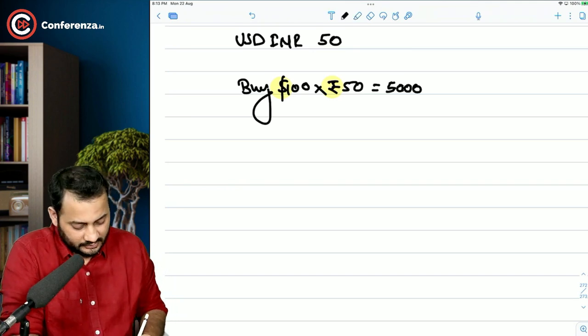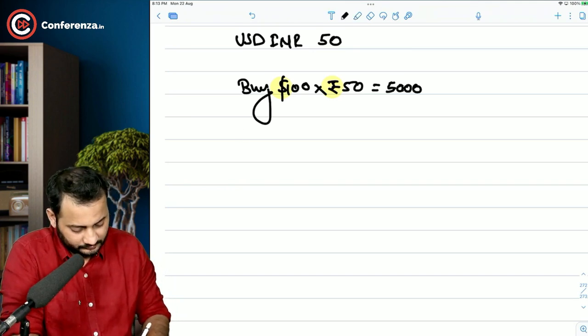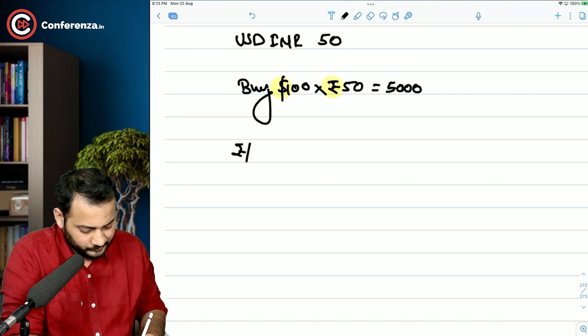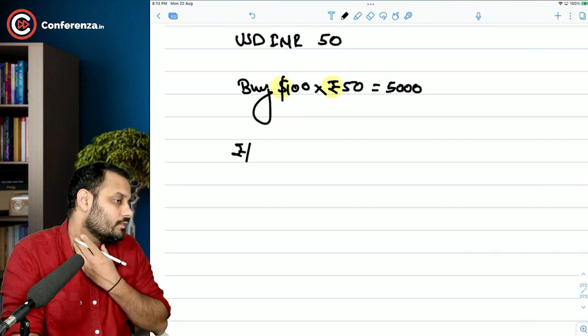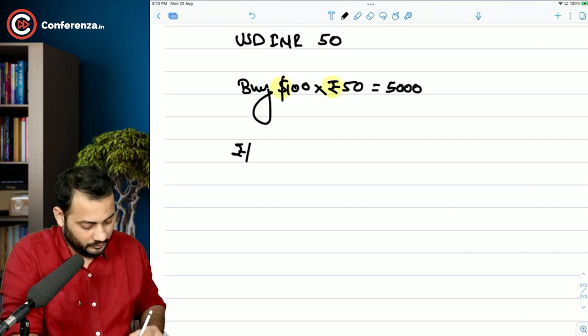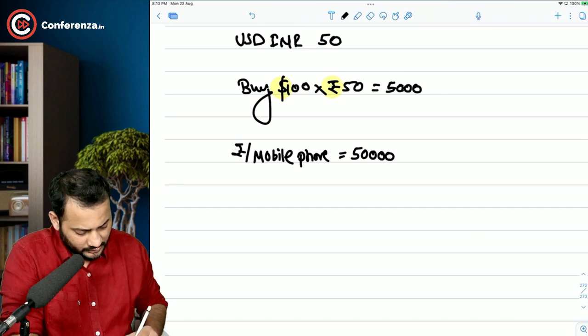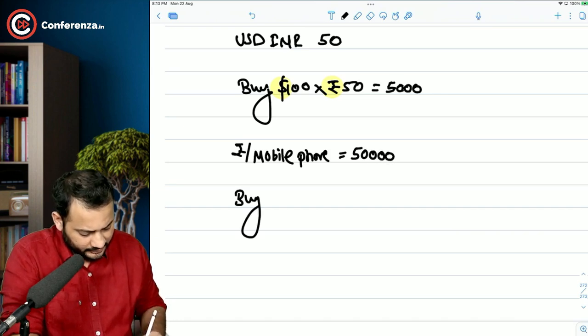One more example. Let's say rupees per mobile phone is 50,000 and I want to buy 10 mobile phones.